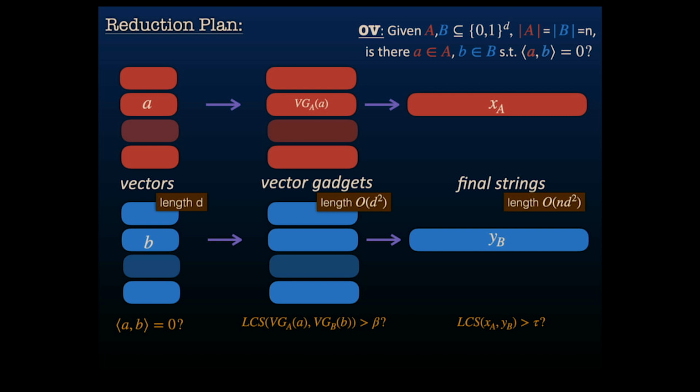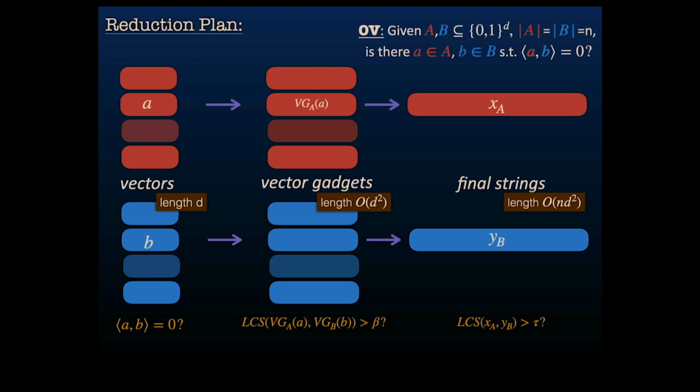And in terms of parameters, the vectors here have length d, and we will have some polynomial blow-up. Maybe it'll be d squared. But we don't care. It's fine. It's just polylog. And then here we will not have much blow-up, so it will just be n times d squared. And then this final step, the concatenation thing, will be very tricky, because what we want is that the LCS of these 2 long strings will really depend on the existence of 2 good gadgets.